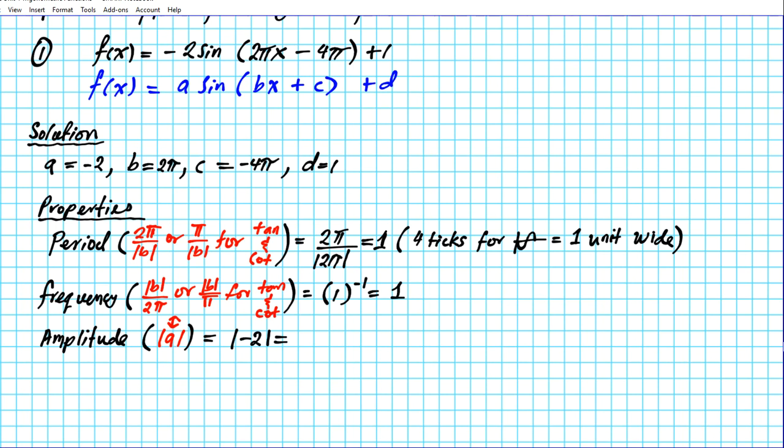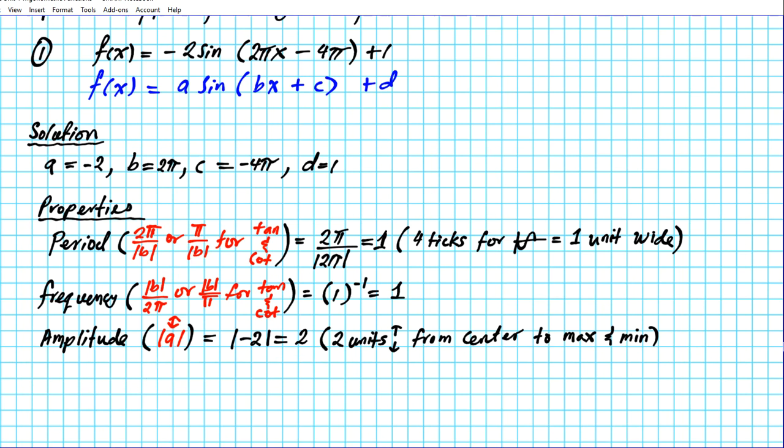It is the distance of a number from 0 on the number line, right? So the absolute value of negative 2 is just 2, because negative 2 is 2 units from 0 on the number line. So what does this number signify on the graph? This number tells you that you're going to go 2 units from the center to the max and min of the trig function. So those would be your boundary values.